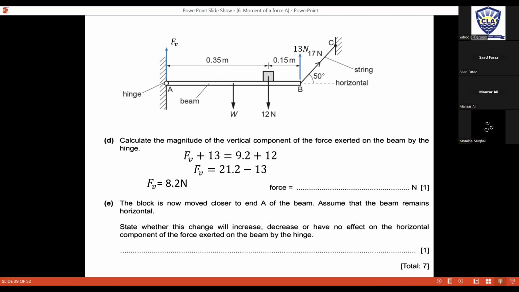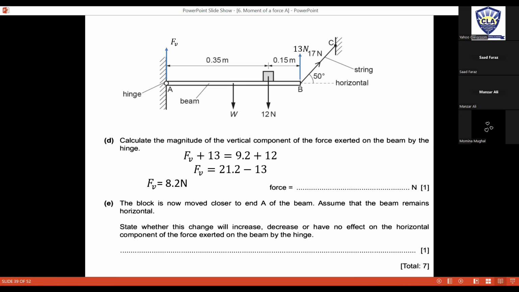The block is now moved closer to end A. Assume that the beam remains horizontal. State whether this change will increase, decrease, or have no effect on the horizontal component of force exerted on the beam by the hinge. In this case, horizontal force depends on the horizontal component of the tension, 17 newtons.